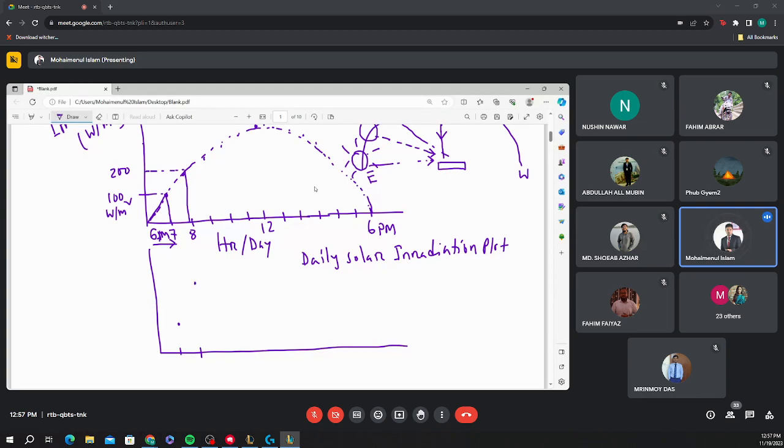Like that, you can just plot, and you are getting an incremental type of plot. That is your energy plot. Suppose it starts from here and you're getting to this point, and maybe you are getting 5.5 kilowatt hour per meter square. That is your total daily energy.